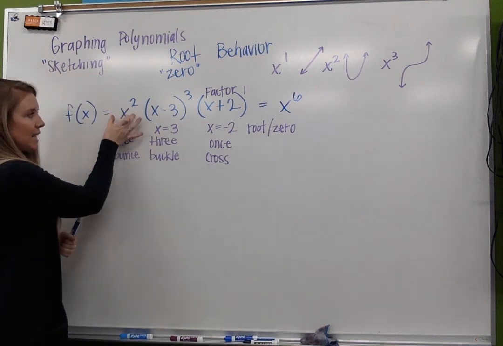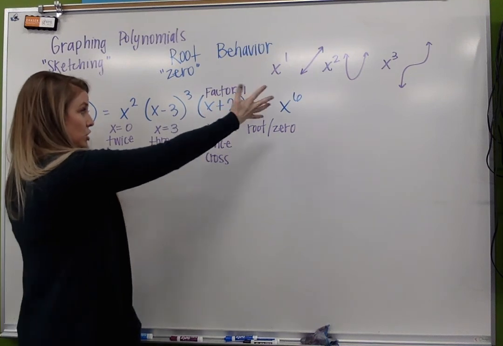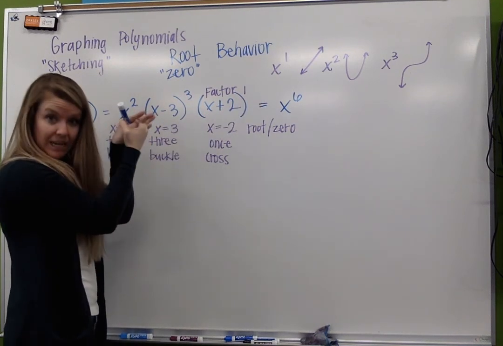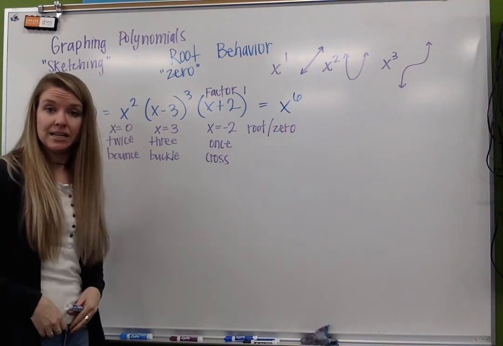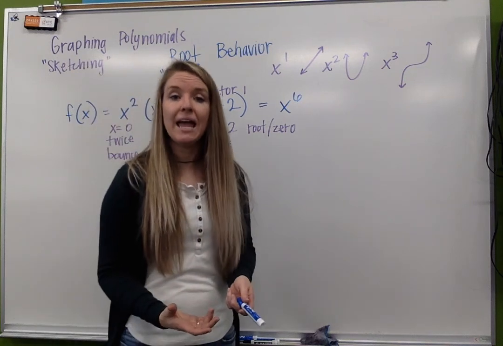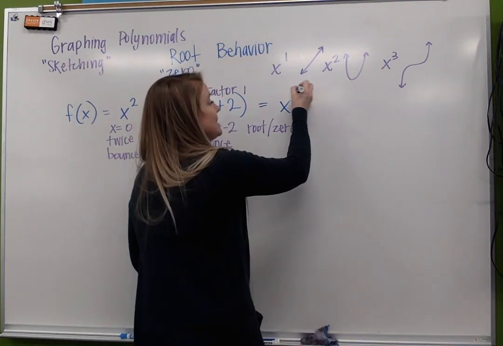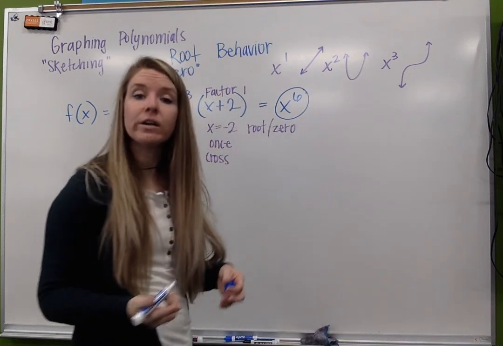Okay? If we were to take x squared, x minus 3 cubed, and x plus 2 and multiply it all together, our highest power is going to be an x to the 6th. That's helpful because that tells me my end behavior. Because it's an x to the 6th, it's going to act like a quadratic.